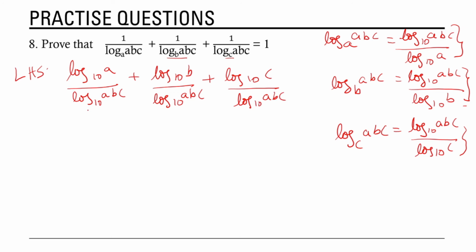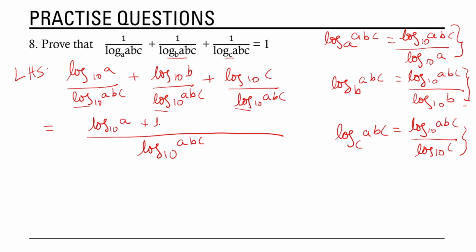Here all my denominators are same. So, on taking the common denominator log ABC to the base 10, I can add the numerators, it becomes log A to the base 10 plus log B to the base 10 plus log C to the base 10.